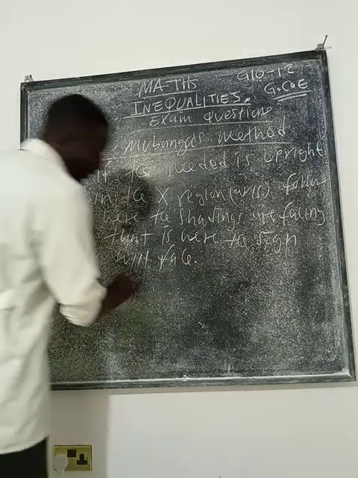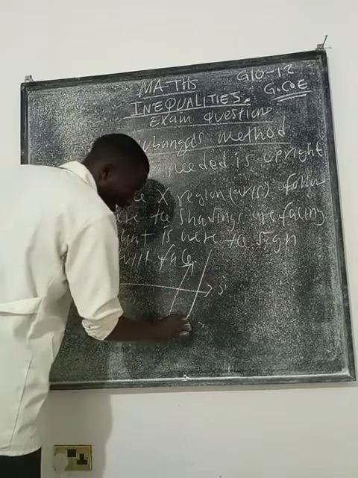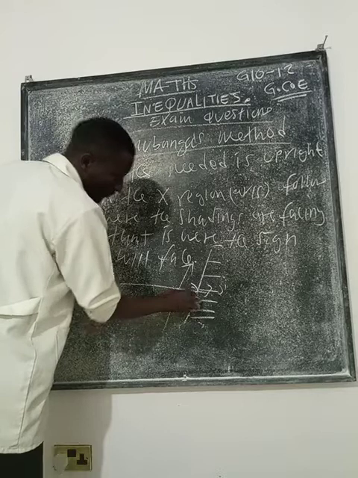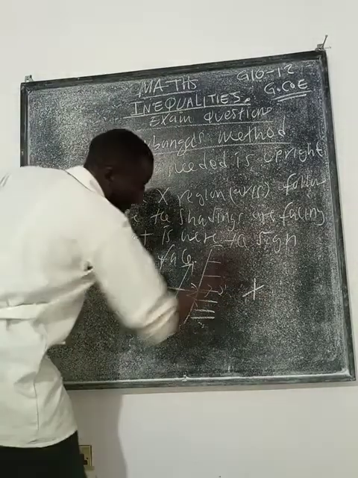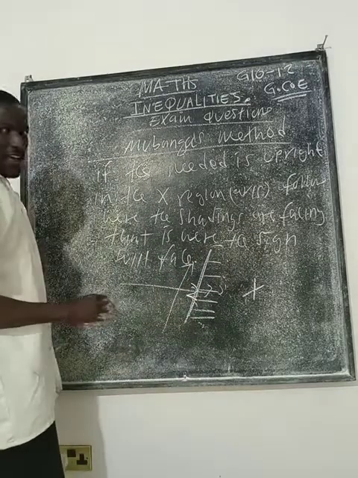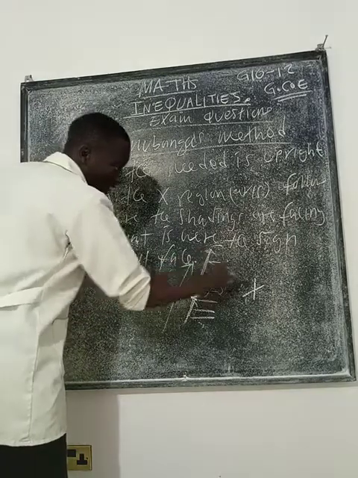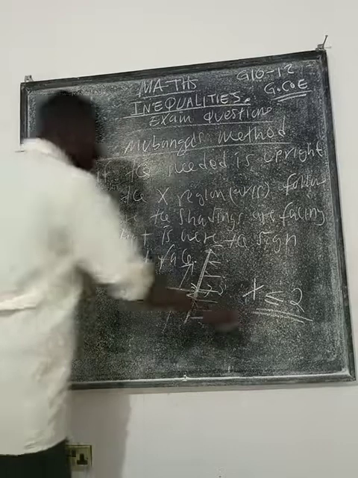Simple. So if I have this, then my shadings are this side. Let's say this is 2. Then my X, the shadings are facing this side. If my line is already upright in the X region, my shadings are facing this side. That is where my sign will face. So that will be my inequality.